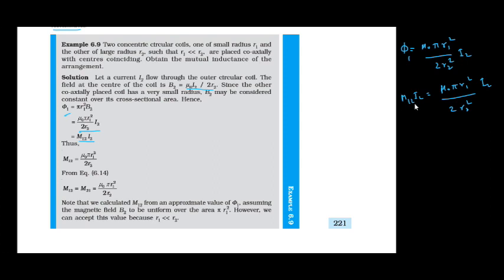So I2 gets cancelled. So M12 is equal to mu naught pi R1 square upon 2 R2.